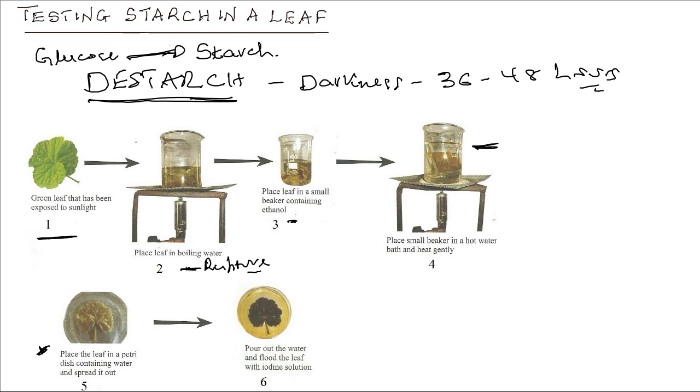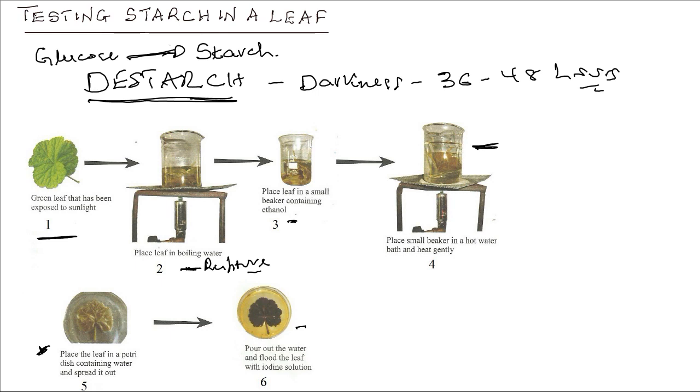This is to remove residual chlorophyll molecules and also ethanol. Warm water also prevents the leaf from drying and becoming hard and brittle. After washing in warm water, it is transferred into a petri dish, or it can be spread out on a white tile.